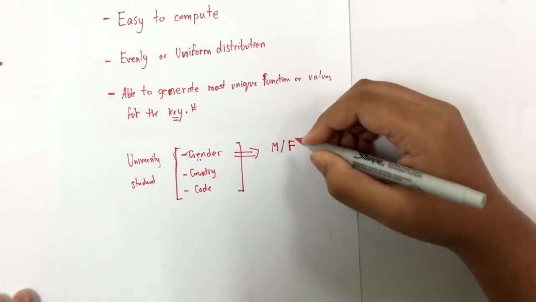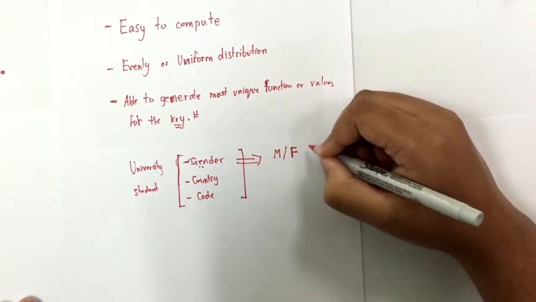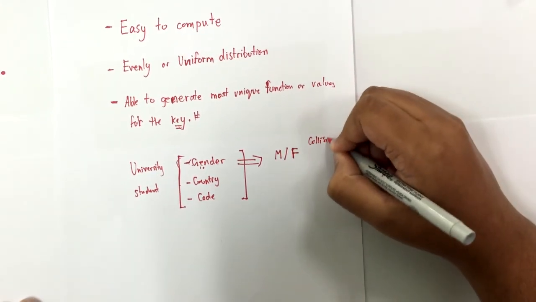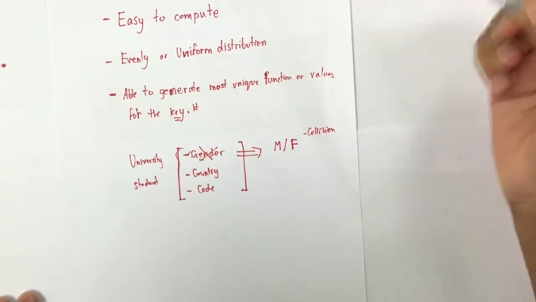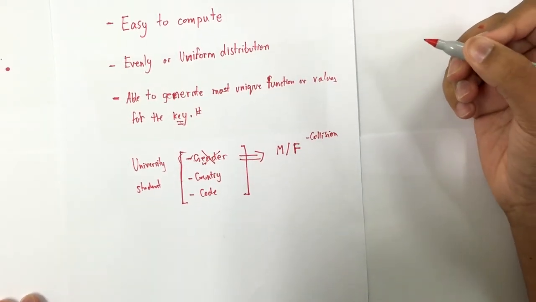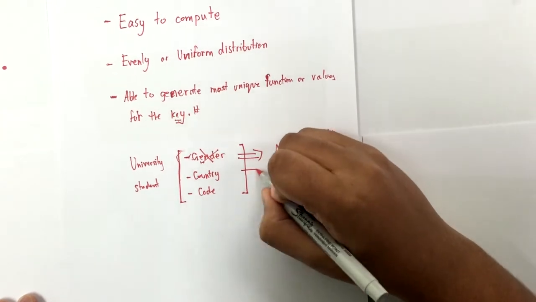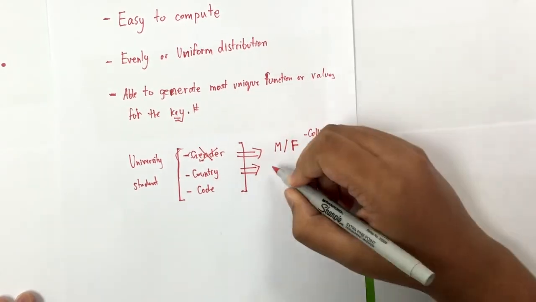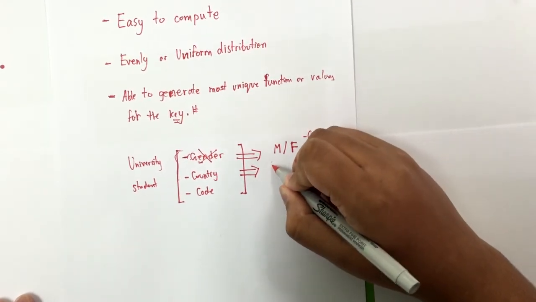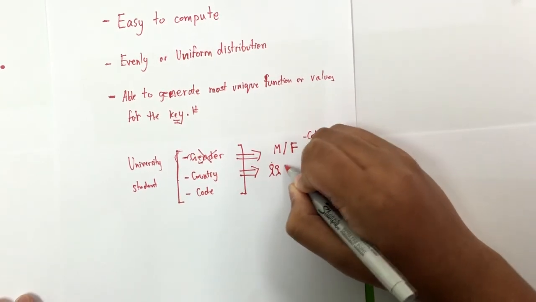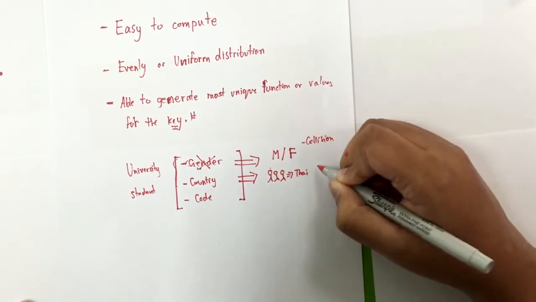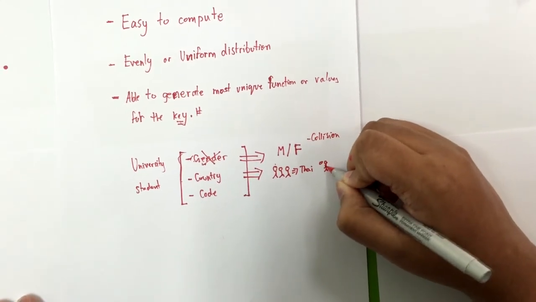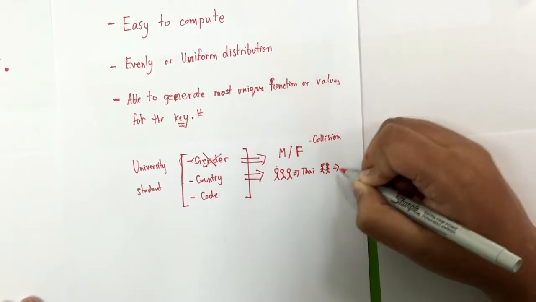Gender would not be good, because there will be many males as well as females, so more collisions, and it's not evenly distributed. So let's cut that out. For country of origin, some countries have fewer people, but some countries have many people, so that is also not a good hash function.